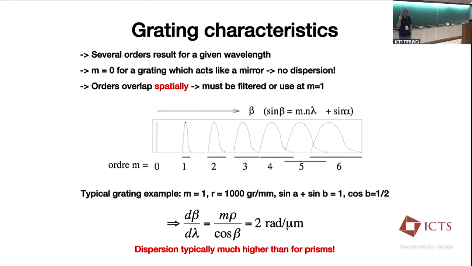Do you remember the other one for the prism? 0.03. So it's 10 times better with just a very simple grating used in first order. It's much more powerful than a prism. Good.